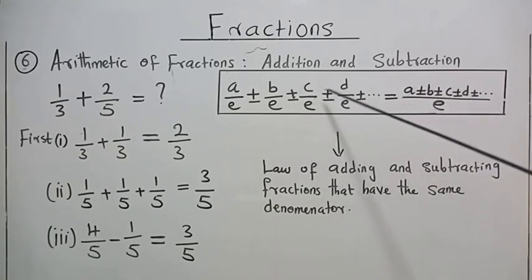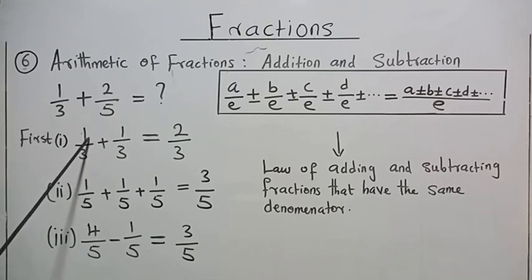I hope this law makes sense to you, and you also know that it summarizes these 3 number operations. Notice that this first one is addition of fractions. This second is also addition of fractions. The third one, of course, is that of subtraction of fractions. And yet, the same procedure is involved.